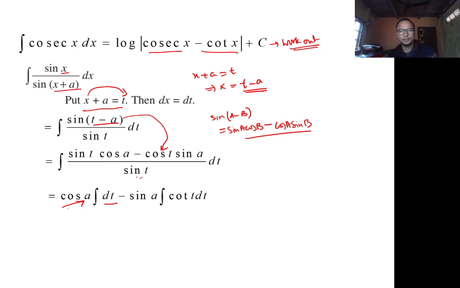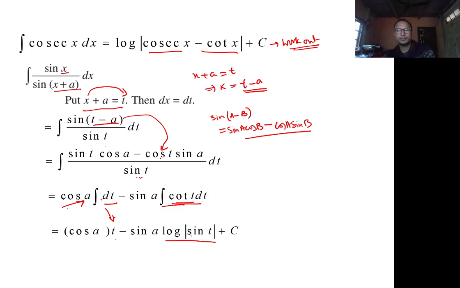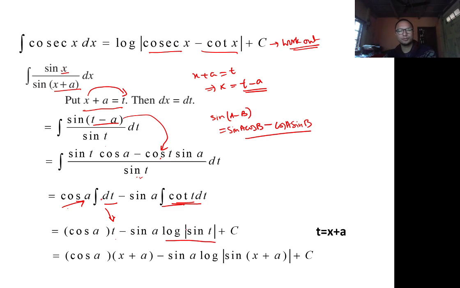Sin a we can cancel, so we have cos t by sin t, which is cot t dt, right? The integration of cot t we have already done, which is log of sin t. Now put back the value of t in terms of x, that is, x plus a, and that is your integration value.